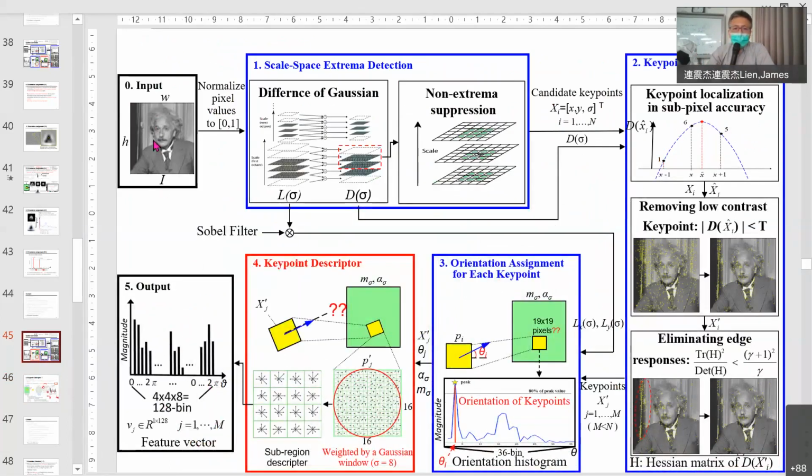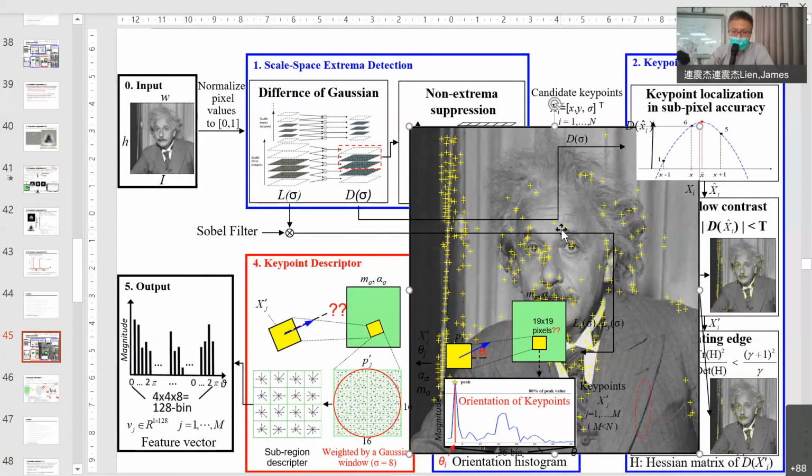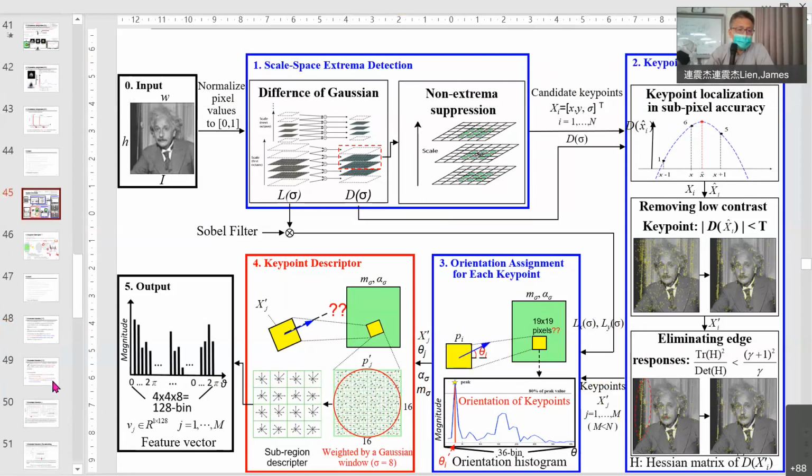So for each point, each patch has 128 bits. Suppose they have 100 corners, this image will become 100 descriptors.